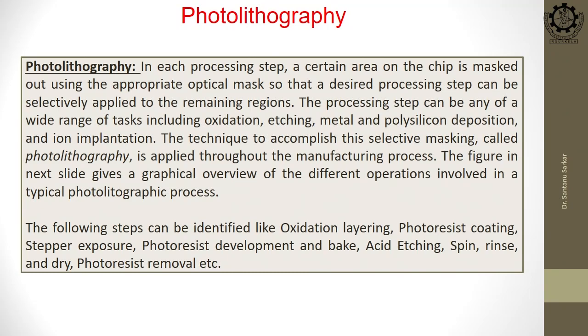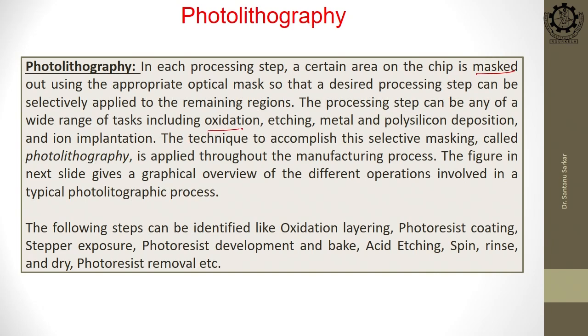Now, the process of this fabrication is known as photolithography. I hope that you have a rough idea of what photolithography is. We use some optical masks, and we use some processing steps to make a particular structure, right.